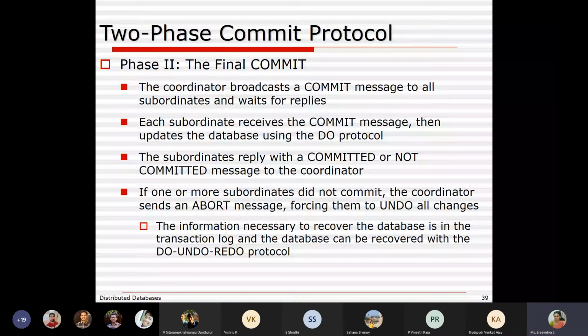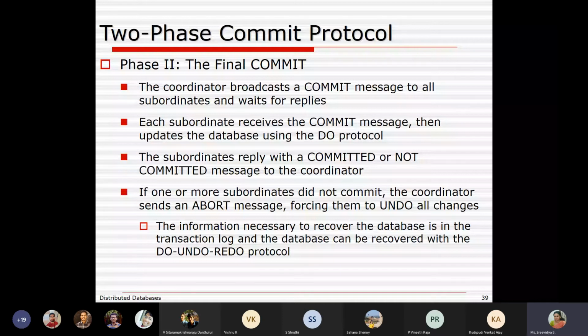Suppose someone couldn't perform, maybe because of some issues, he is not able to access the database, or some access restrictions, or some other reasons. Then a not committed message will come back to the coordinator. If all of them have given the commit response, it is fine. Otherwise, if anyone says that I couldn't commit, that means your transaction cannot be completed because one of the parts is not yet completed.